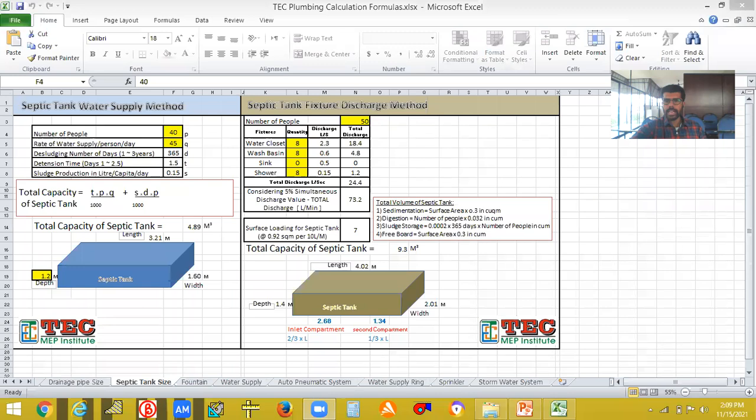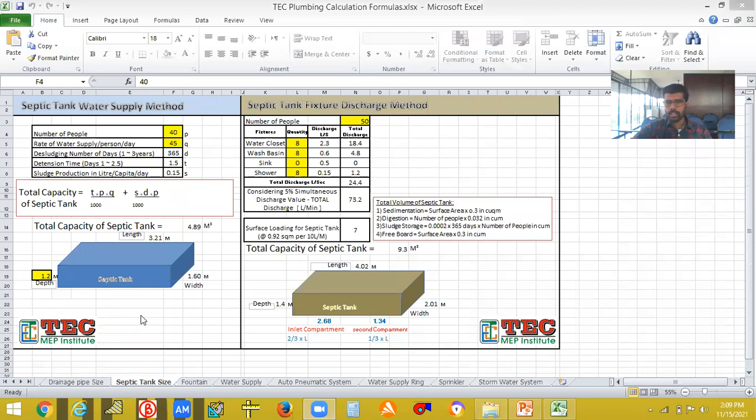So initially we can see the septic tank designing. Are you able to see the Excel sheet? I have already shared it. Septic tank water supply method, septic tank fixture discharge method. Can you see this? Yes. This is the same Excel sheet that I have given you before.